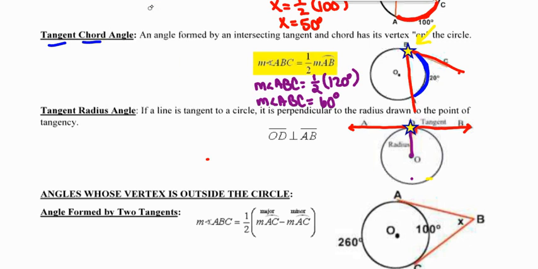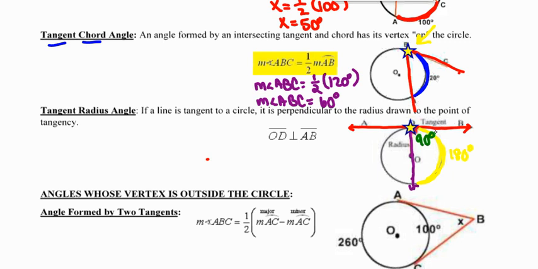Well, if I were to extend that radius and create a whole diameter, the arc that it intercepts is going to be the semicircle with measure 180 degrees. Half of 180 degrees is 90. And again, you can see now, or hopefully see now, why when the vertex is on the circle, angle measure is half the arc.